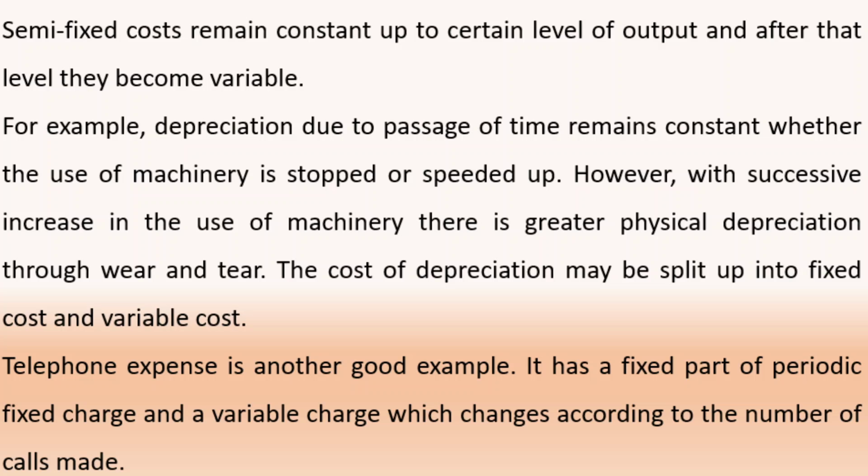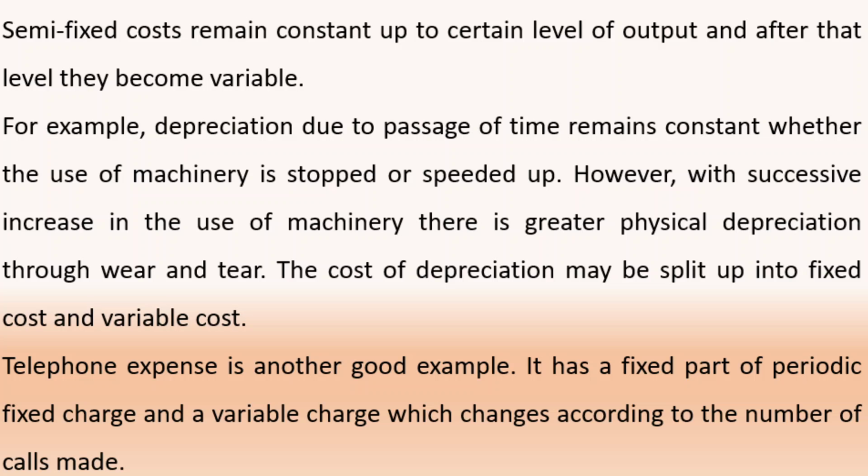Let me quote two examples. One is depreciation. Due to passage of time, it remains constant whether the use of machinery is stopped or speeded up. However, with successive increase in the use of machinery, there is greater physical depreciation through wear and tear.